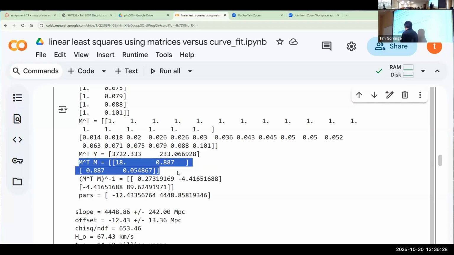Here it is, and again, it's symmetric. And then finally, I'm printing here the results of the calculation. This is what we called beta in my slides, the array that contains the best values of M and C. That's the two elements here. So this is the best value of C. This is the best value of M.